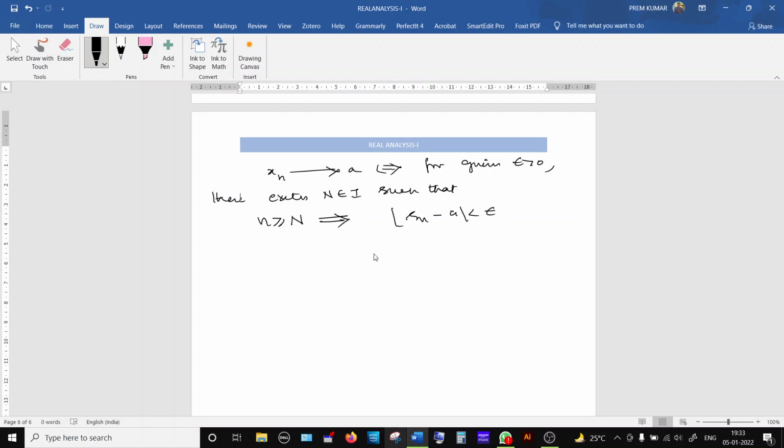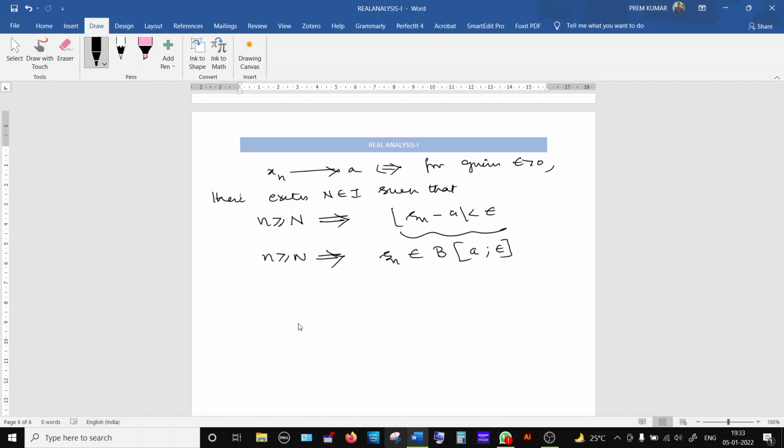So how can we define this using an open ball in the real line? Same thing: n greater than or equal to N implies Sn must belong to the open ball with center A and radius epsilon.